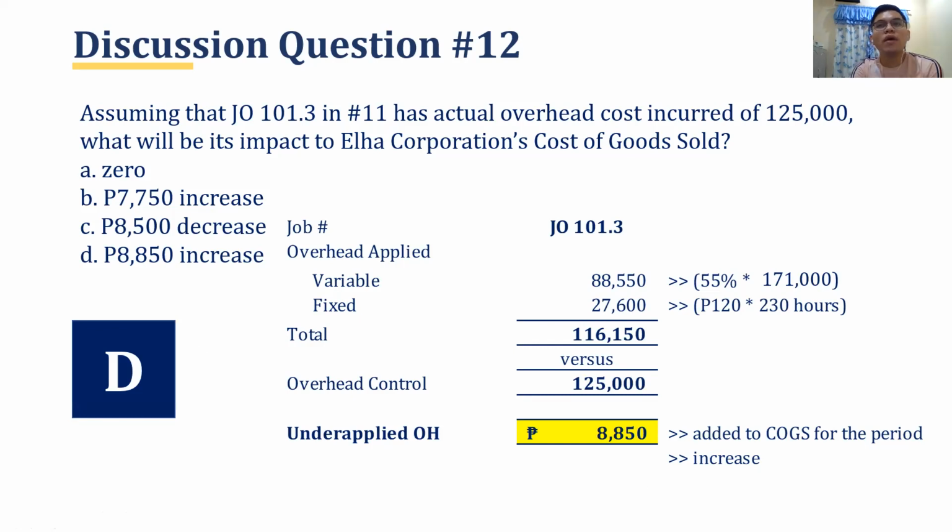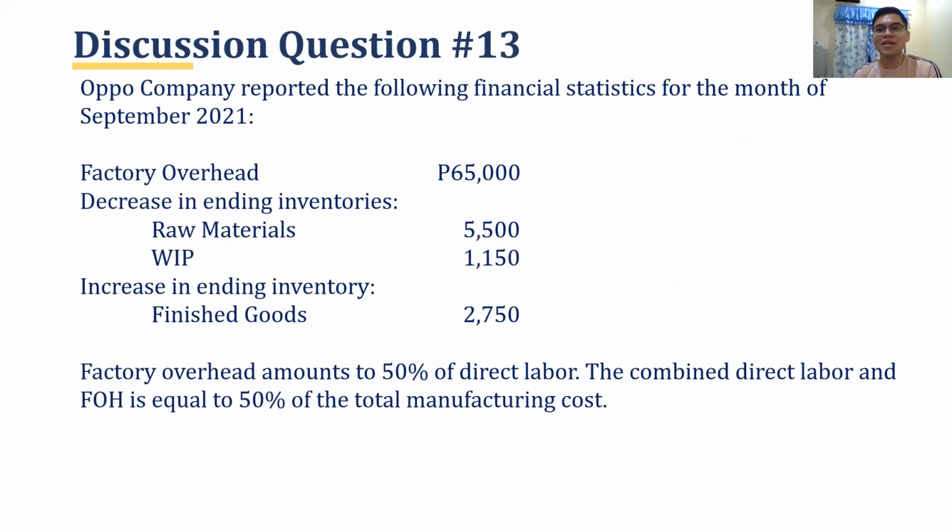Madali lang din naman, actually. Kaya nga lang, you have to be firm as to your understanding para you get to employ shortcuts. Or kung minsan kasi, they play with algebra within the flow of inventory figures. Just like with number 13. Actually, number 13, this is a very classical question.